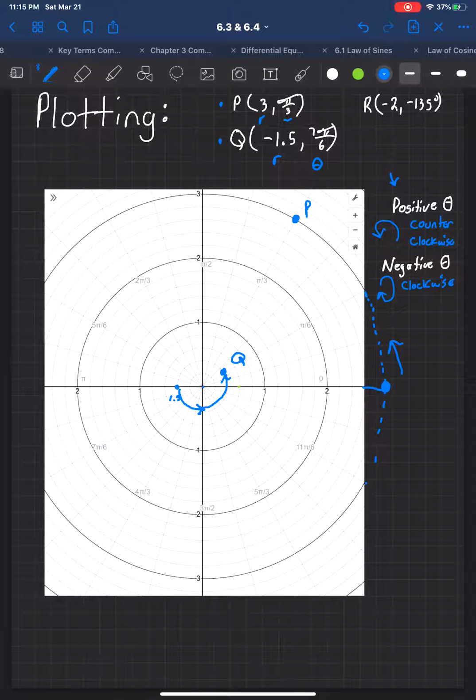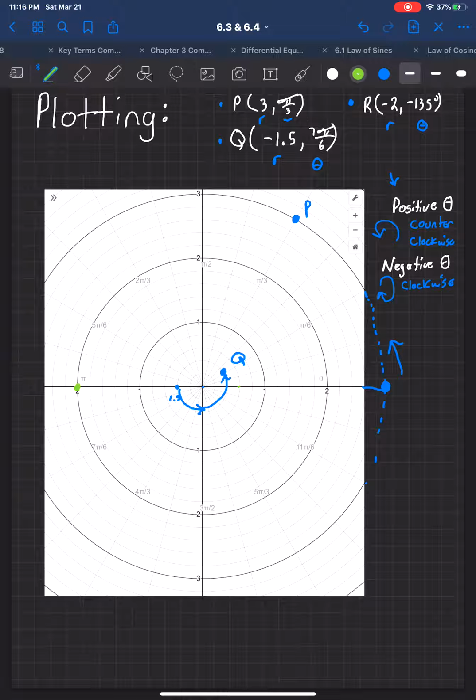All right, now for the last point that we're going to plot, point R, notice that the r value is negative and the theta is negative. Okay, so let's first travel -2. So in the r direction, we're going -2. So that puts us out to here. This is the radius 2 circle. And now it's time to rotate 135 degrees.